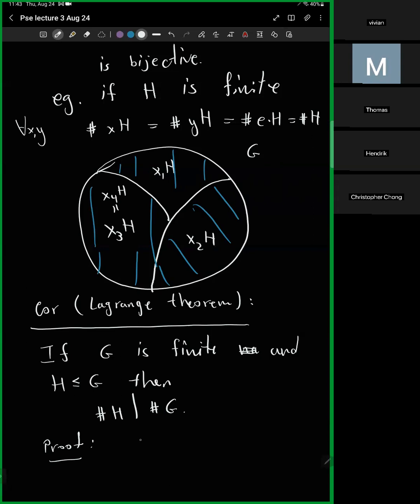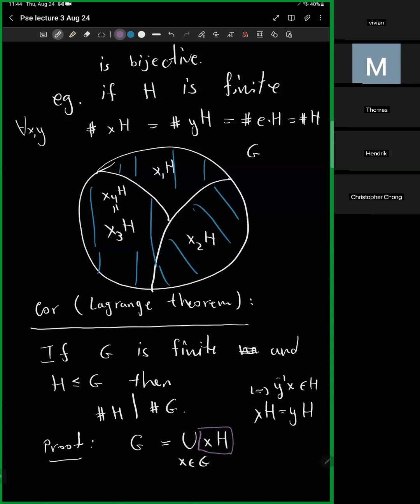We can write G as the union of all cosets. Here in the union, there is repetition somehow, because it could be that xH is equal to yH. We saw that this happens if and only if y minus 1 x is in H. But regardless of whether there is repetition or not, these sets in purple are of equal size.